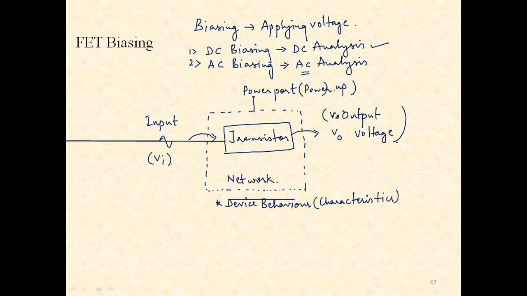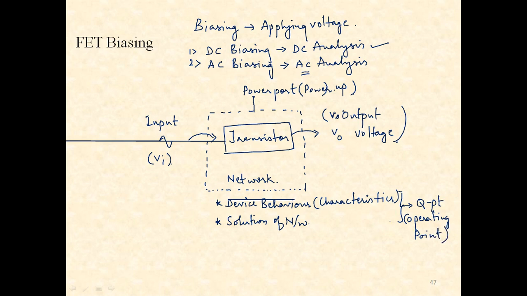We have already seen how the output and transfer characteristics of a JFET or a MOSFET look. Further, we also need the solution of the network. When we obtain these two things, we get a very important parameter called the Q point, which is called the operating point.